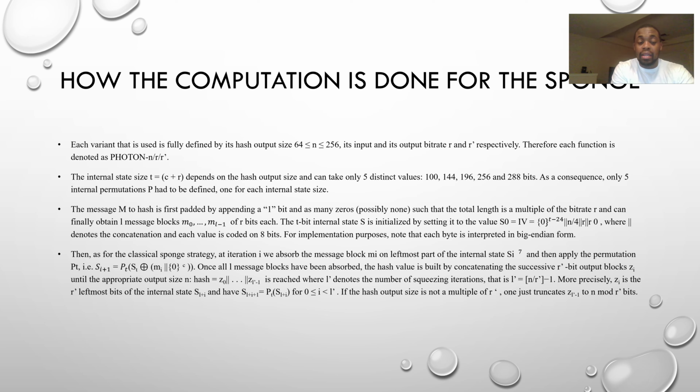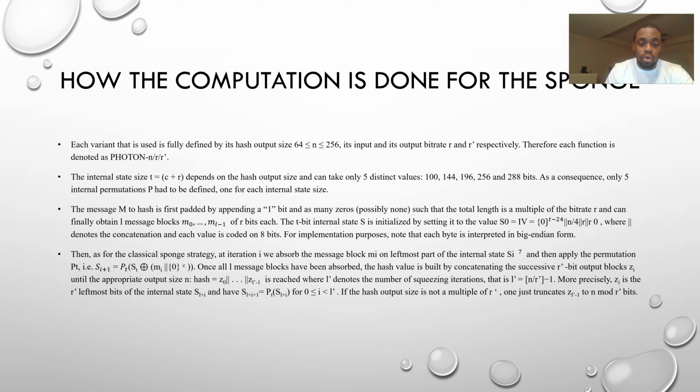Then, as in the classical sponge strategy, at iteration i, we absorb the message m_i into the leftmost part of the internal state, and then apply the permutation: S_(i+1) equals P_t of S_i XOR m_i concatenated with 0 to the power of c.